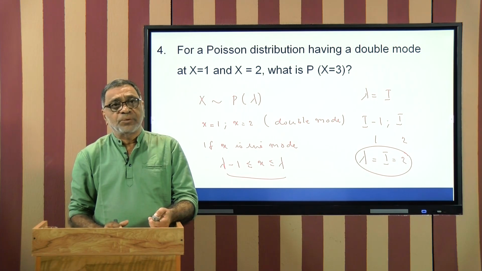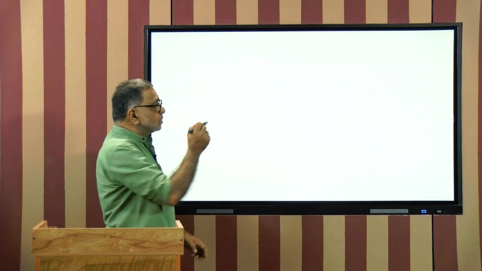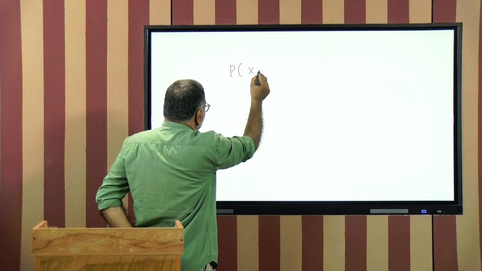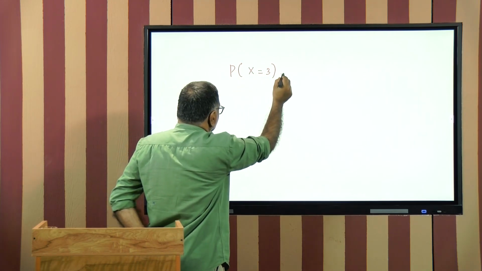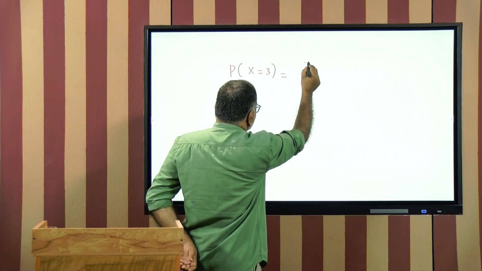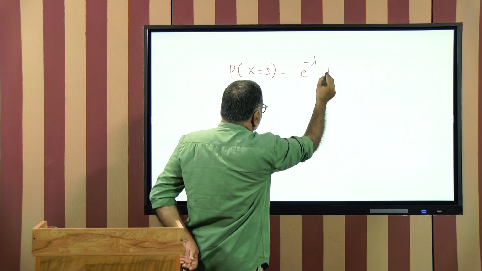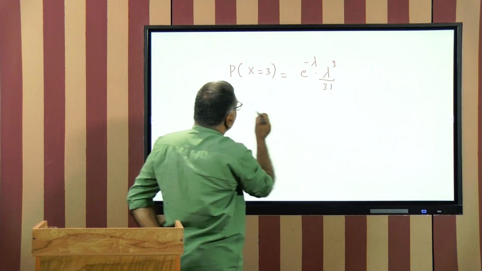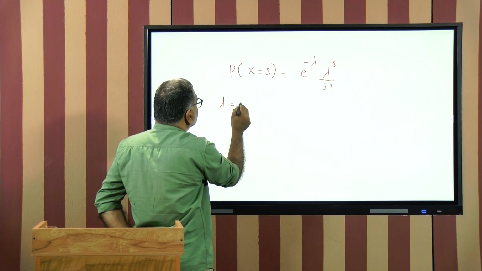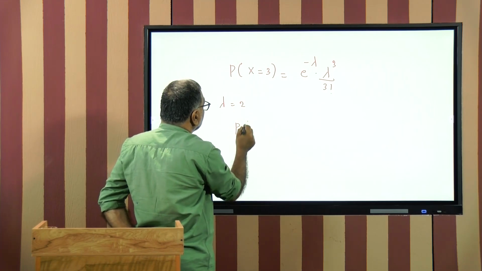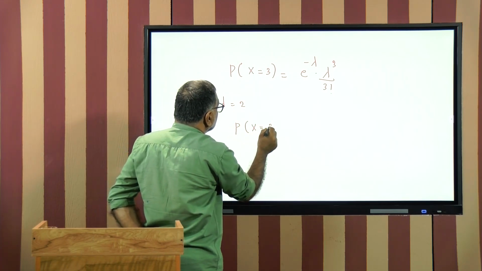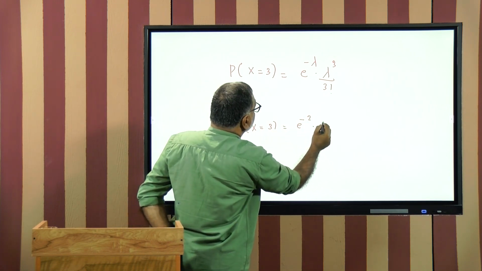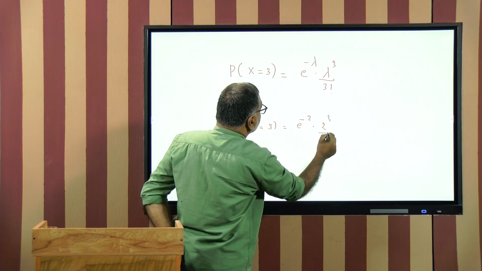Now, you can find the probability of x equal to 3. What is the probability of x equal to 3? You use the probability mass function, e to the power minus lambda, lambda to the power 3 divided by 3 factorial, and we already have lambda equal to 2. So, the probability of x equal to 3 is e to the power minus 2 times 2 to the power 3 divided by 3 factorial.